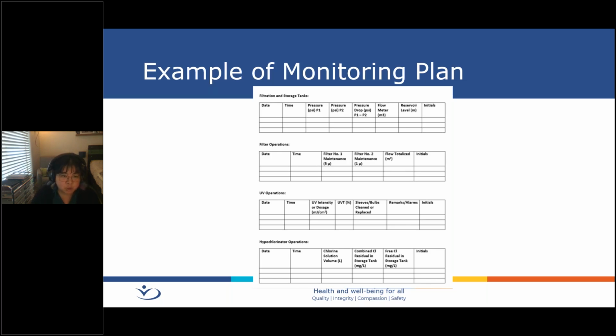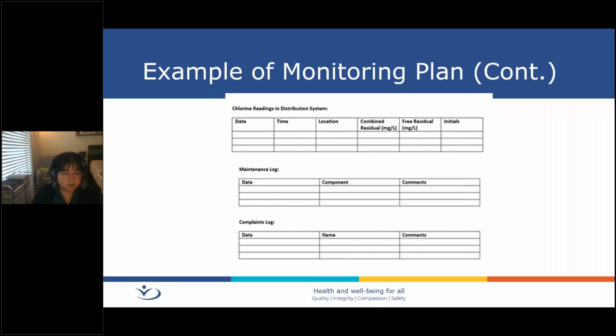And then we have the filter operations, UV operations, hypochlorinator operations. So depending on your system, depending on what equipment you have or what treatment you have, then you would have those as part of your monitoring plan.